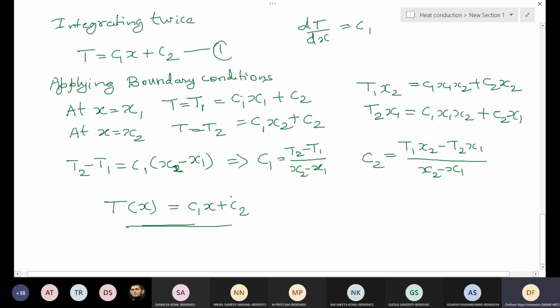You don't have to write out the substitution. Generally, if you are given the values of temperature and the positions x1 and x2, then substitute into this formula, obtain C1 and substitute into this equation, and this is nothing but the equation of a straight line.